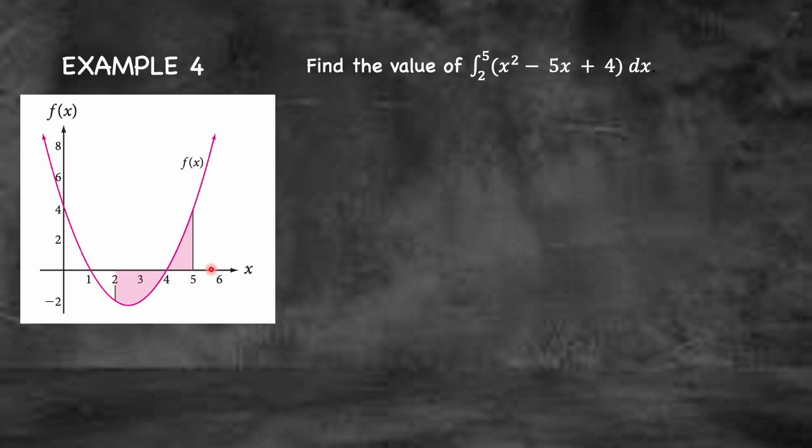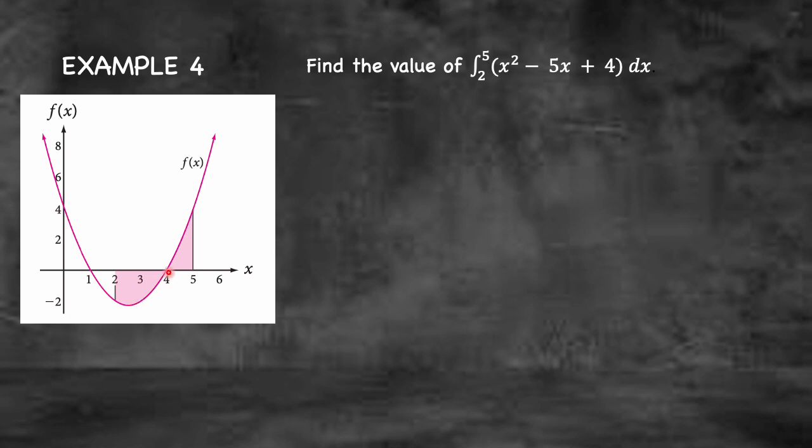This definite integral symbolically represents finding the net area that's bounded by the x-axis and the function over that interval from 2 to 5. Now, if you notice from 2 to 4, this area that's bounded by the function and the x-axis is below the x-axis, which means this area is going to be considered negative when we're finding that net area.